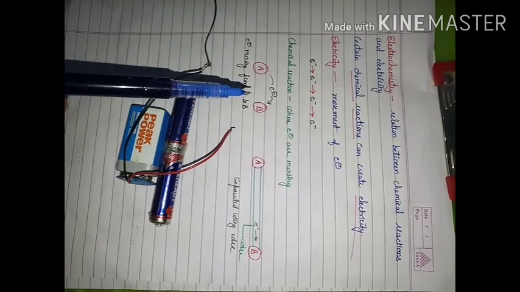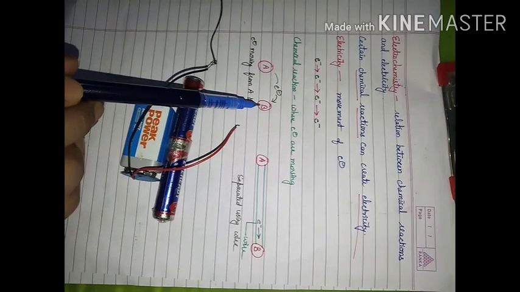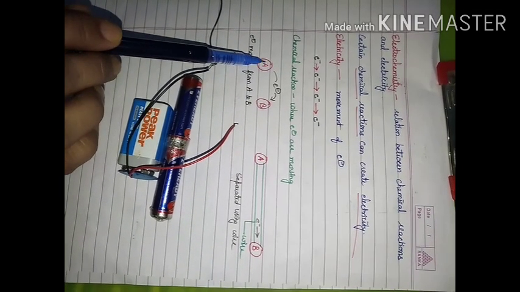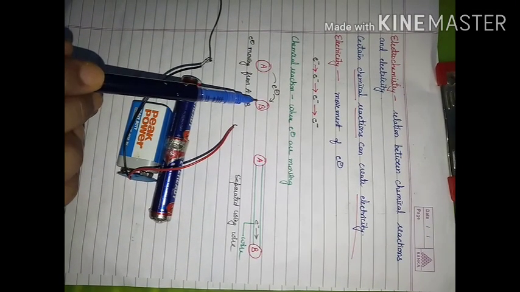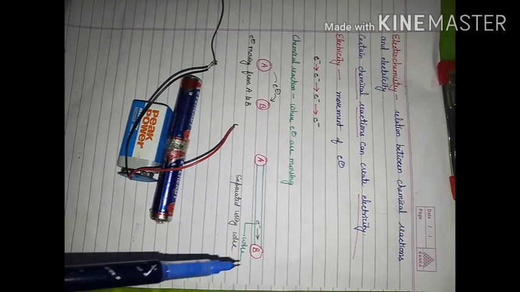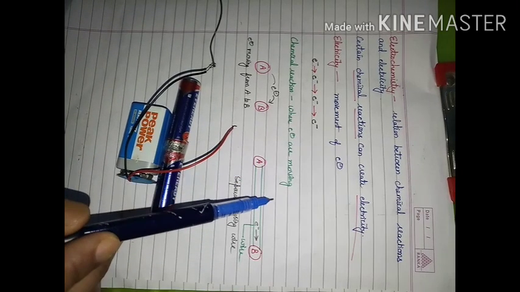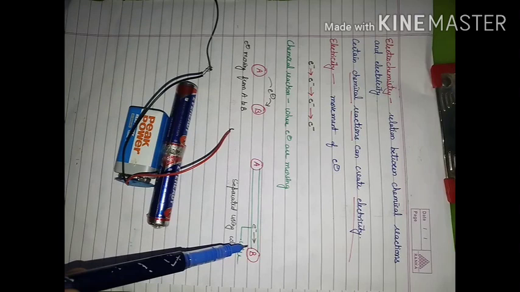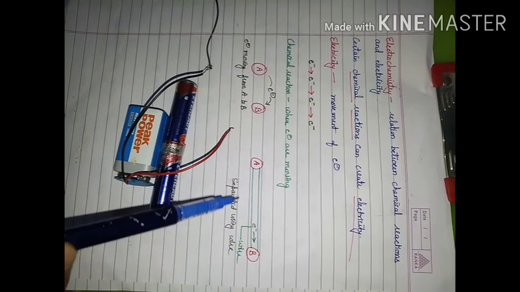For example, we have two atoms, atom A and atom B, and electrons are flowing from A to B. If I connect these two with the help of a wire, then electrons will flow from A to B, and there will be flow of electrons through these wires. Some arrangement like this we need.